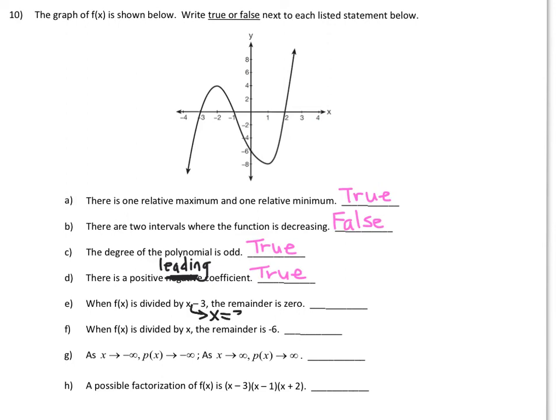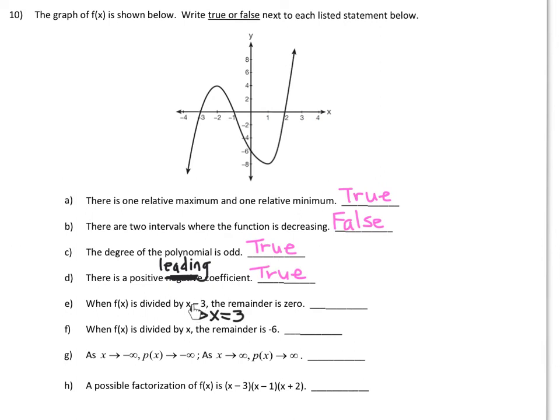We change the sign. Now, this is a true statement if, when we go to x equals 3 on the graph, the y value is 0. Because remember, the y value of our function should be equal to the remainder, right? When we're dividing by whatever the factor is.